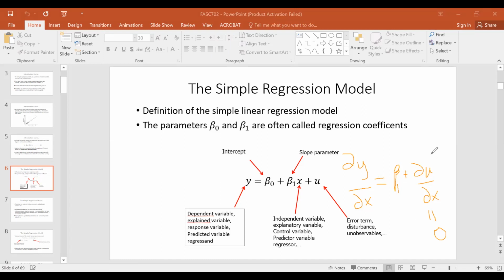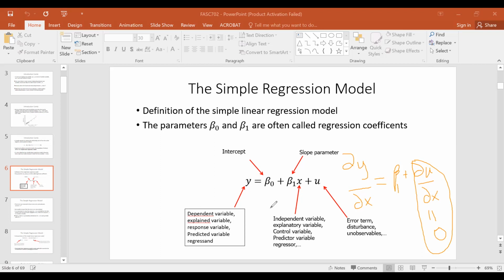To take care of this term being 0, we say holding other things constant. Remember, if U is constant, it's not related to X, so du/dx becomes 0. So it's important to say if X increases by 1 unit, Y will change by beta 1, holding other things constant.